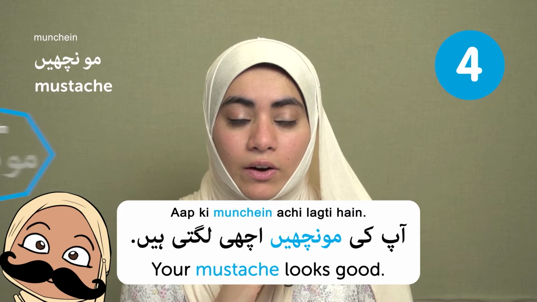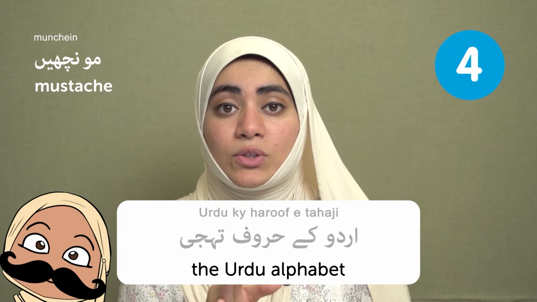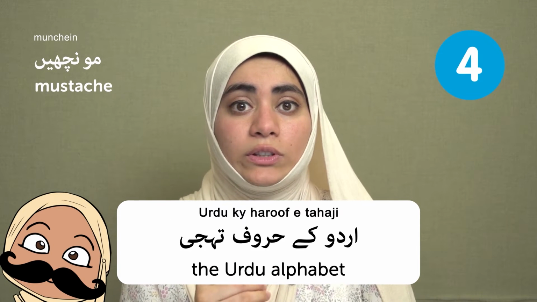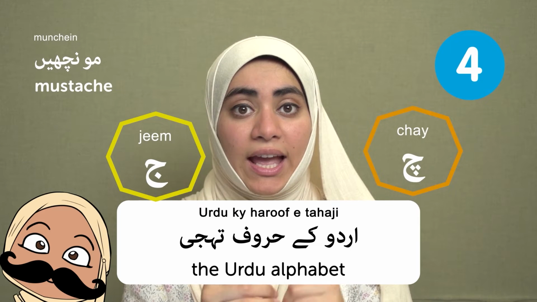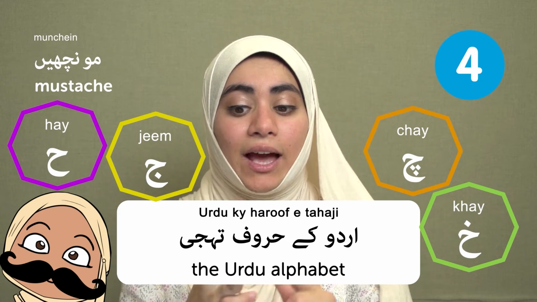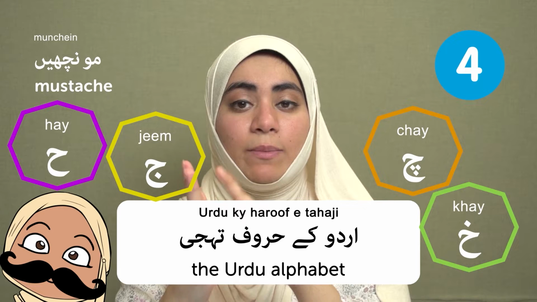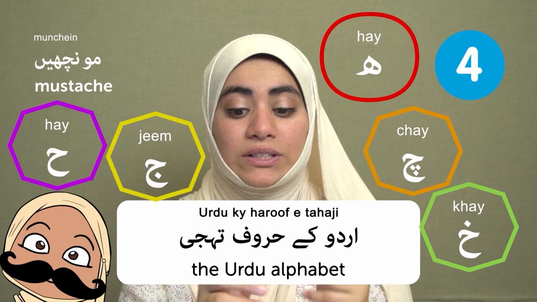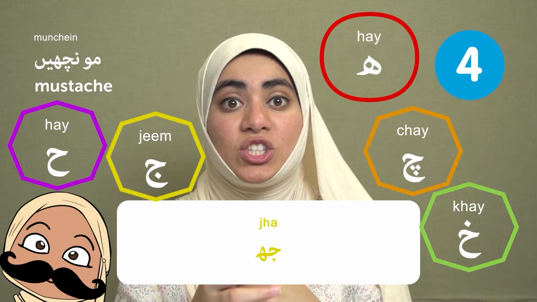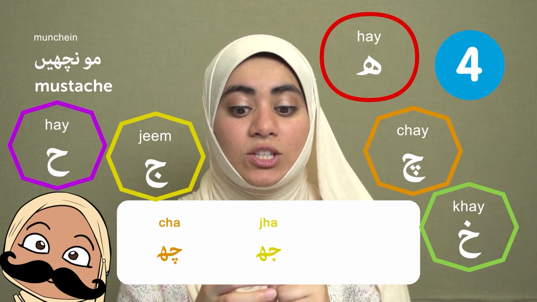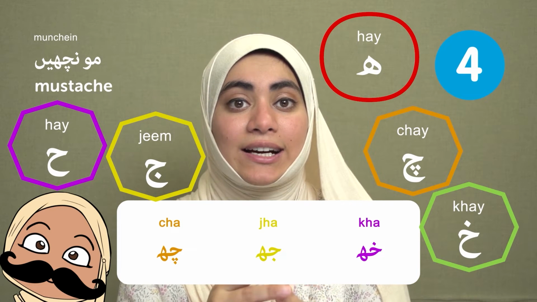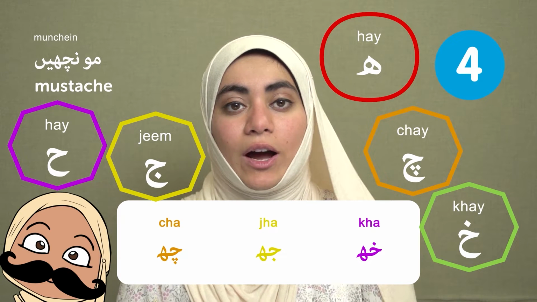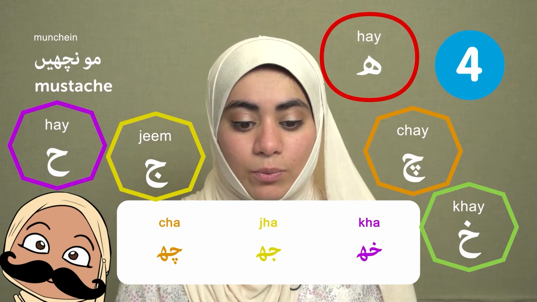If you have already finished with the Urdu alphabets, Urdu haruf-e-tahajji, then you will note jim, che, he, khe. And all of these alphabets, we use it with he. For example, for jim, it will be jim he, jah, che he, chah, khe he, kha. So I hope it helps. Just practice it. Keep rolling.